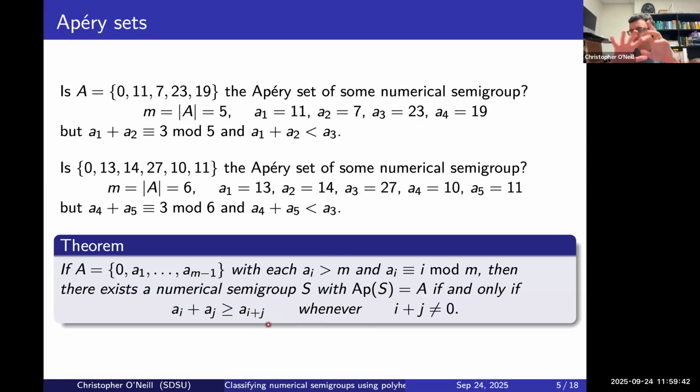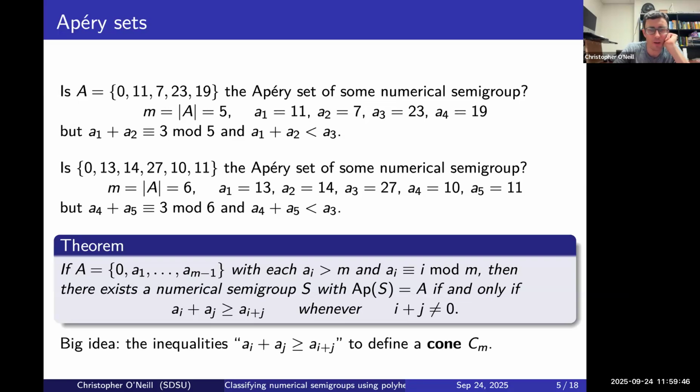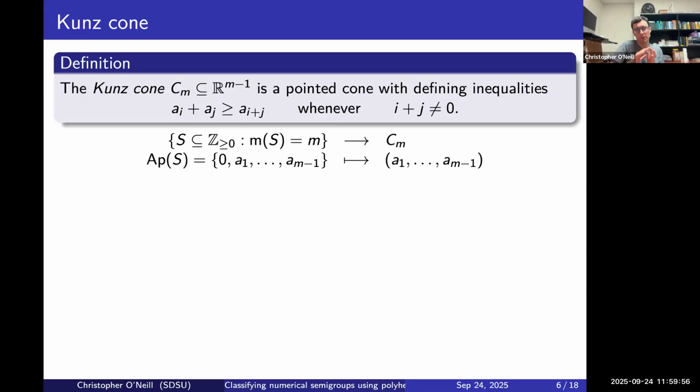All right, so far this talk has all been very algebraic, but this is where geometry can enter the picture. We now have a list of linear inequalities, and those we can use to define a nice polyhedral cone. And this cone is particularly nice in that each numerical semigroup with smallest generator M corresponds to an integer point inside of this cone, right?